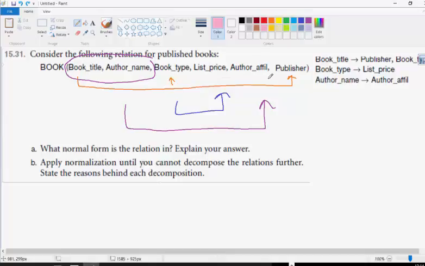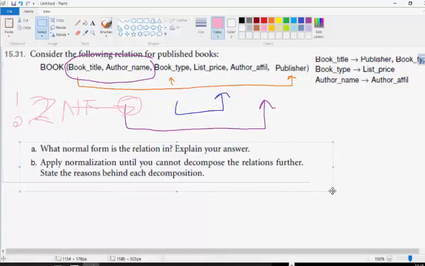Why? And who is the partial dependency? Right. So this is the one that is preventing my second normal form. So to get to second normal form, I'll have to take that one out.